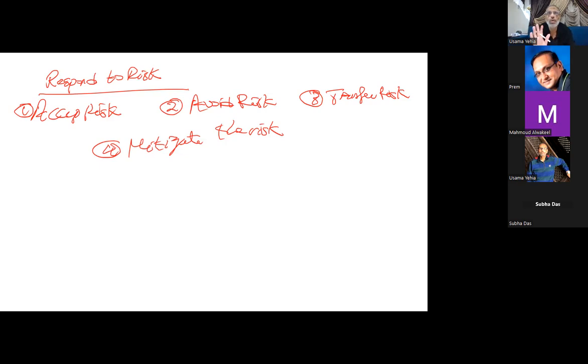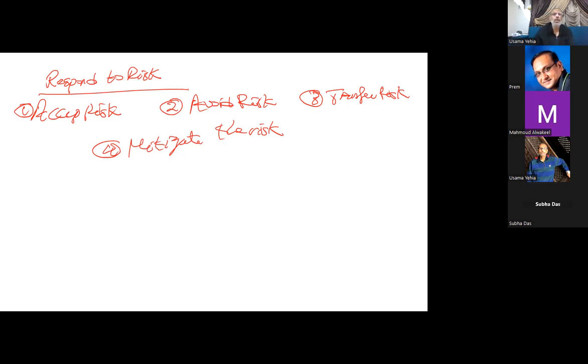Even if the business requires it, if we said no, this is very critical and the risks will be critical and we will not be able to accommodate it, then I will not accept it. Then I will avoid it. Accept and avoid are 180-degree opposite meanings. Accept: I know that there is a risk and I will accept it. Avoid: there is a risk and I will not accept it. I will kill the source of the risk itself.